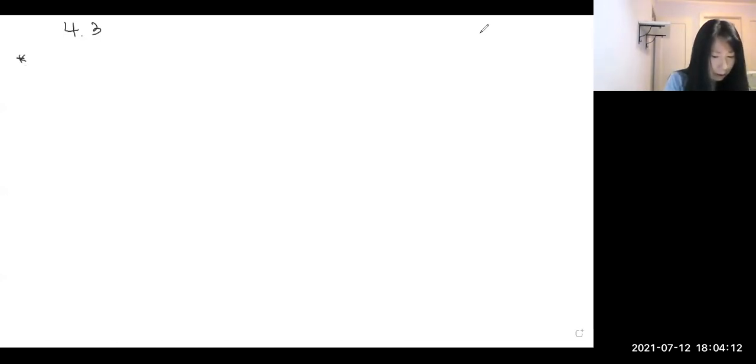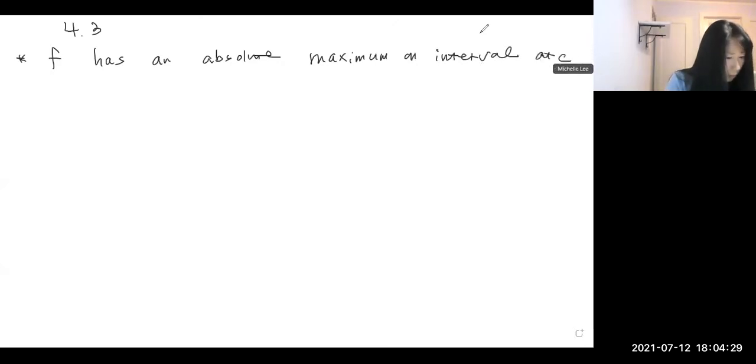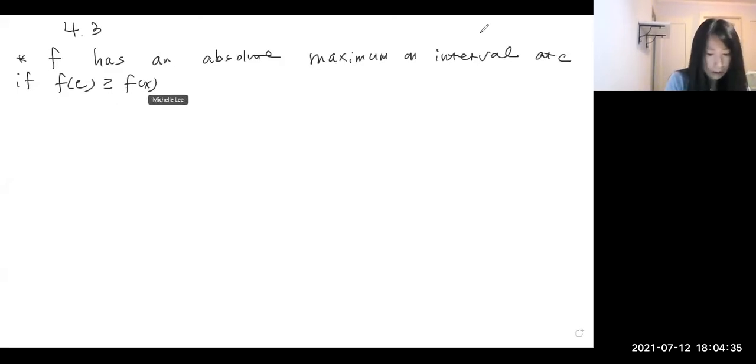So let me write down: F has an absolute maximum on interval, say c, if f of c is greater or equal to f of x for all x in the interval. Let me use I as interval.